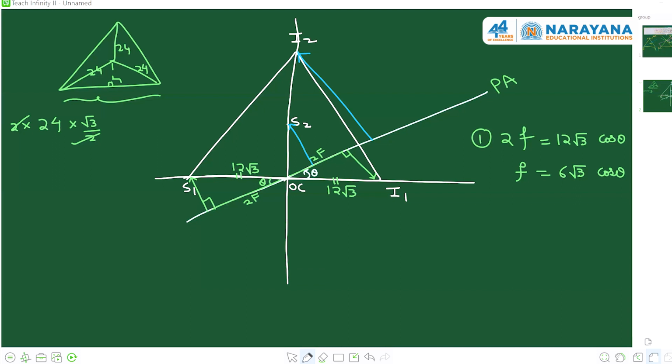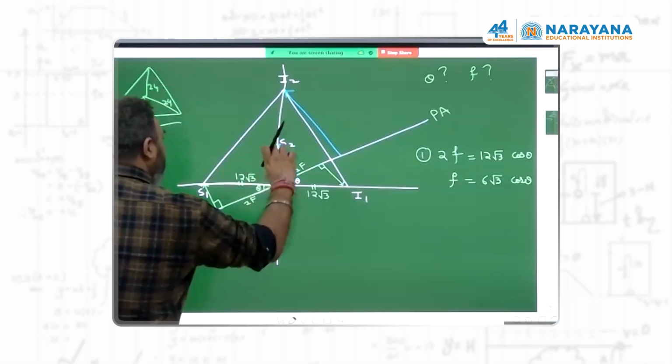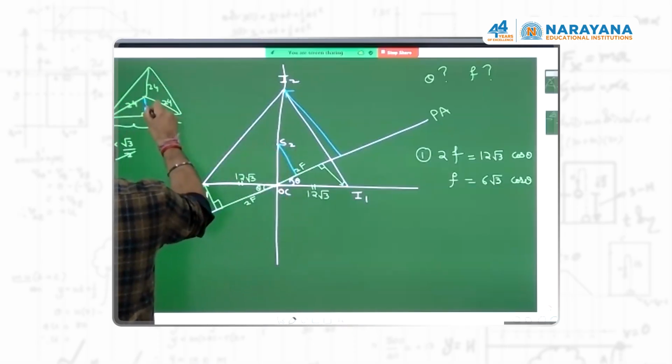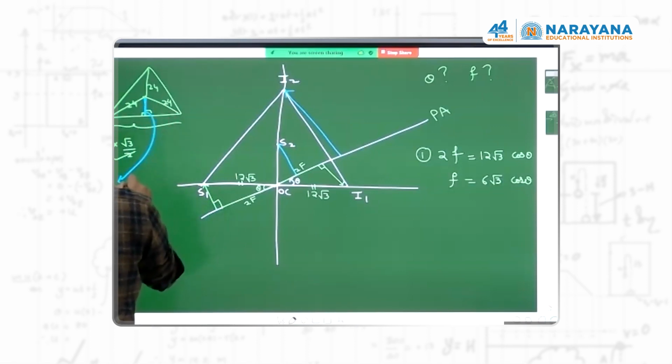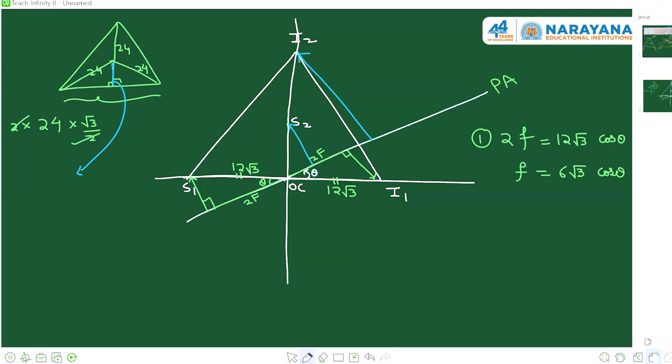Okay, sir. And all of us understand here, this distance is known to us. This is how much? It is coming out as 12. So this value here is 12, and this angle geometrically is 90 minus theta.